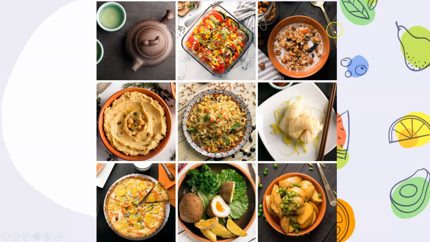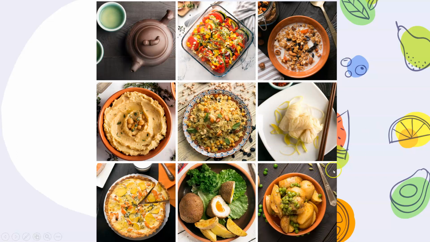Now let's look at these pictures. We can see there's tea. This is called ratatouille, a French dish. This is the cereal. This is some kind of Middle Eastern food, and this I think is lentil rice, some Chinese dumplings, pizza, some kind of egg, and potato curry.